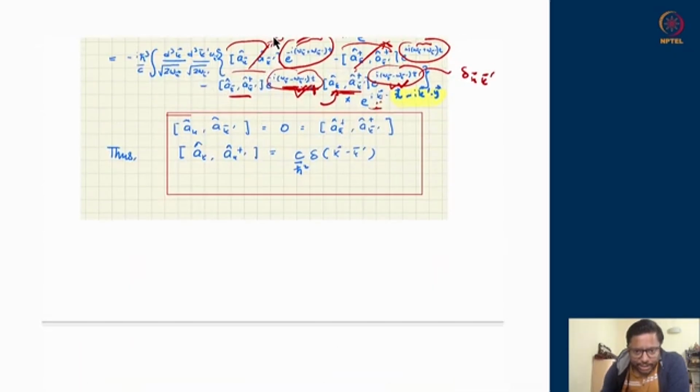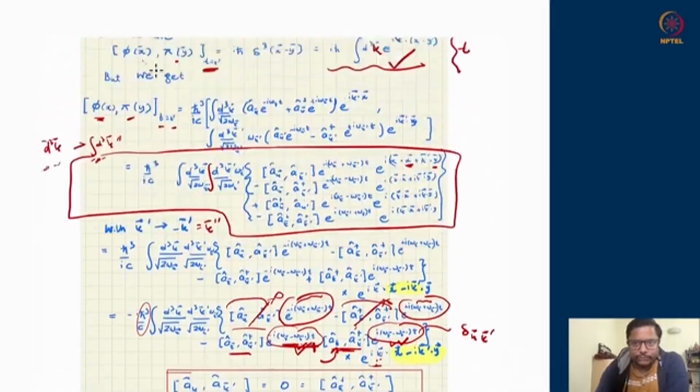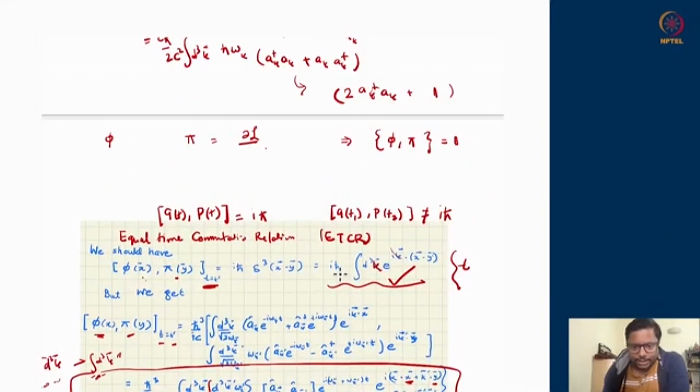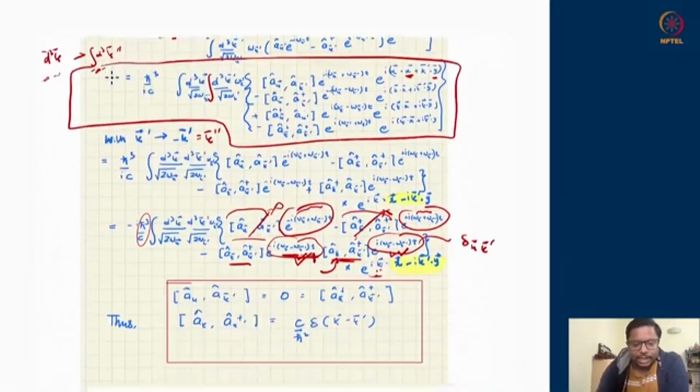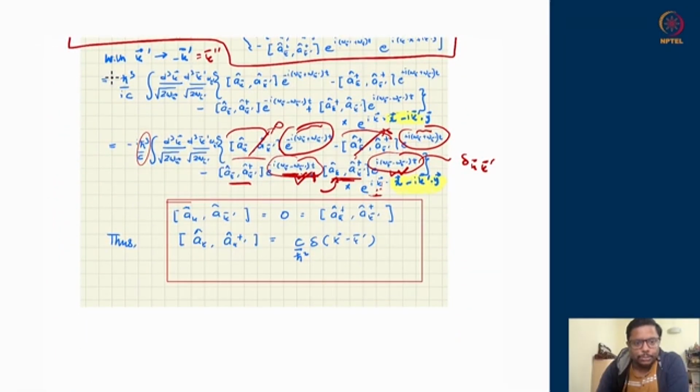Remember, there is an extra c upon h bar squared factor we want in the commutator, because that has to cancel this h bar cubed upon c factor to leave us with an h bar factor outside. We wanted just an iota h bar factor outside, but we are getting iota h bar cubed upon c. So this c and h bar squared which are coming extra should be adjusted by the commutator. They should envelop that to get us the correct thing. So we have this relation at our hand.